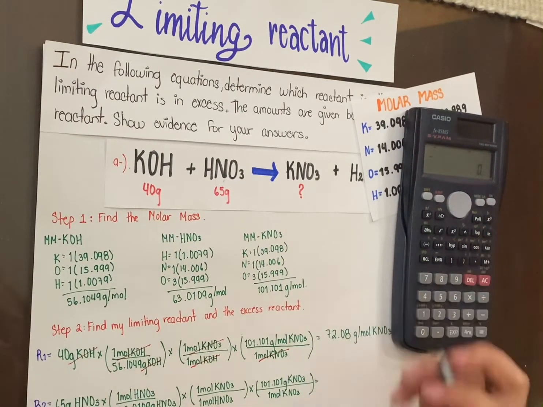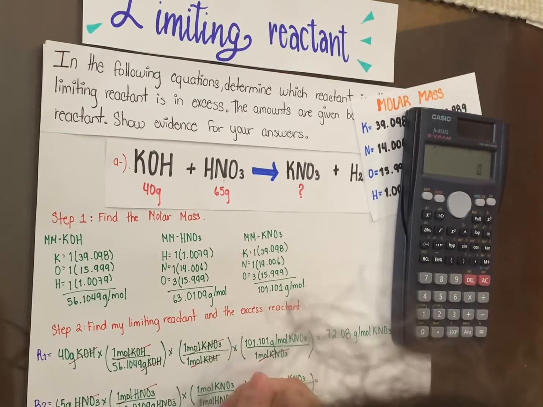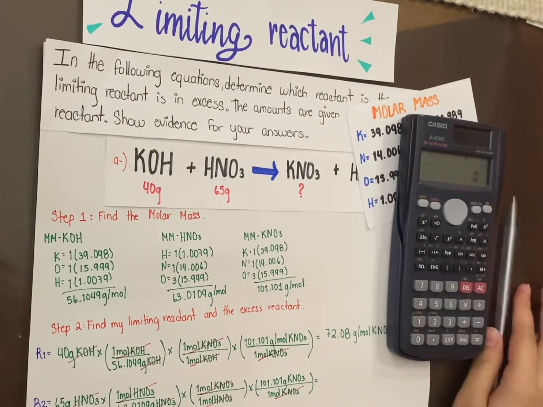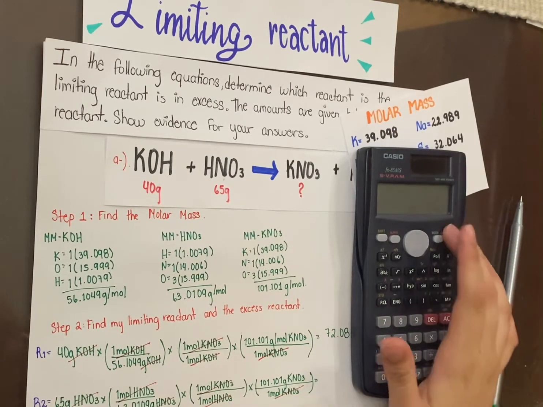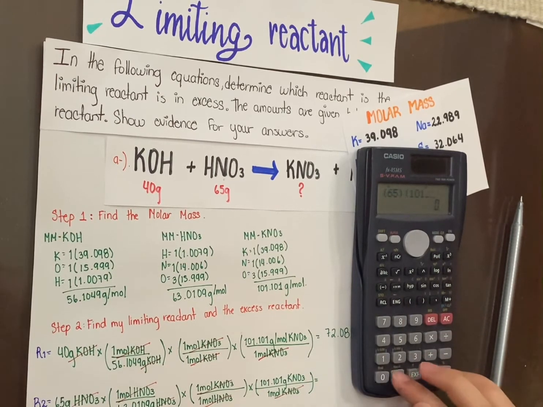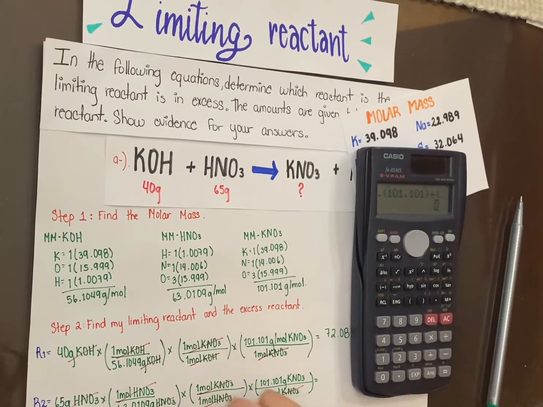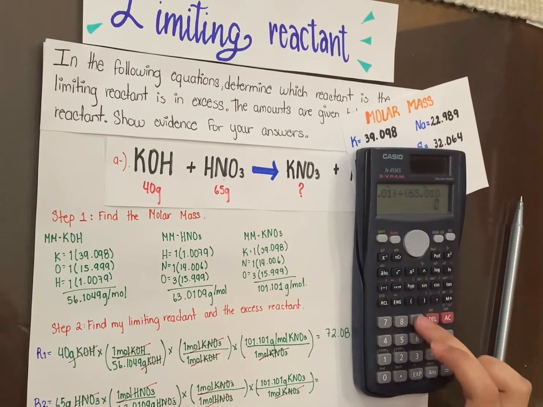Then we have to multiply. No, first we're going to cancel this with this, this with this, and this with this. So we're going to multiply, and it's 65 times 101.101 divided by 63.0109.